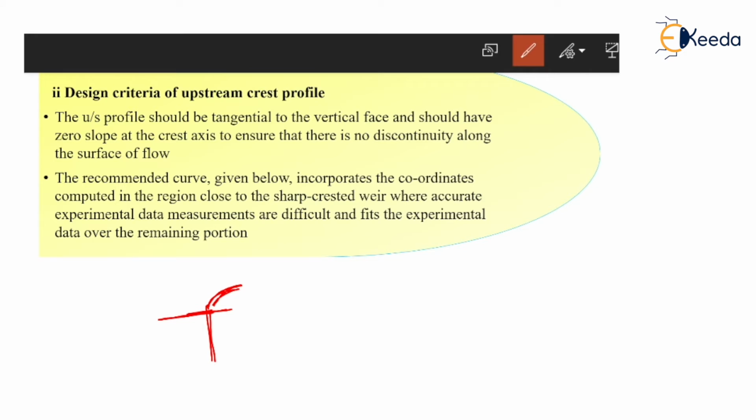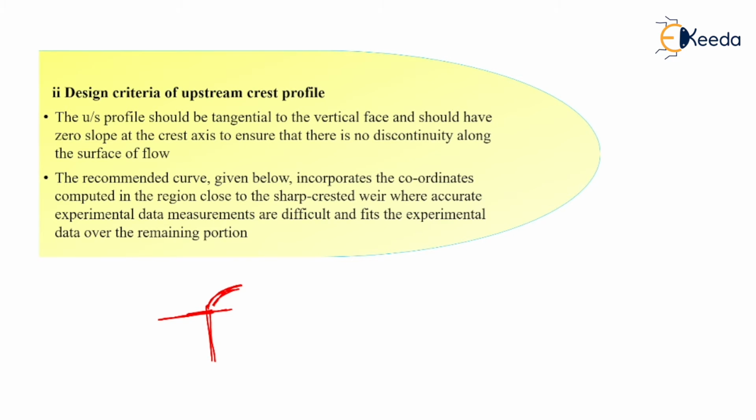The recommended curve given below incorporates the coordinates computed in the region close to the sharp-crested weir, where accurate experimental data measurements are difficult, and fits the experimental data over the remaining portion.